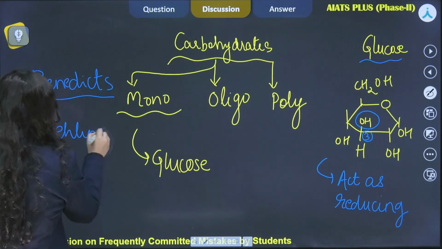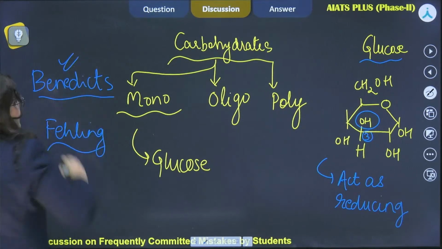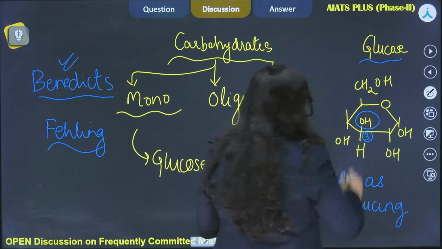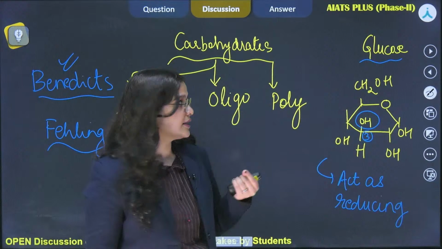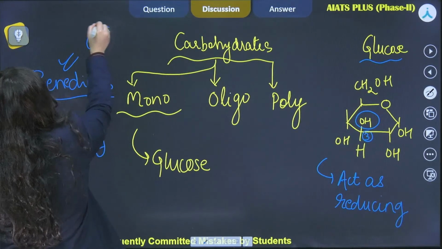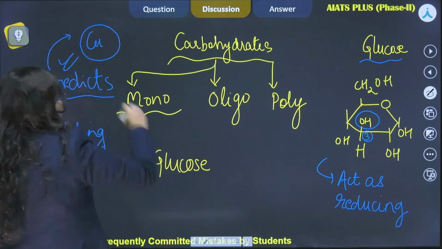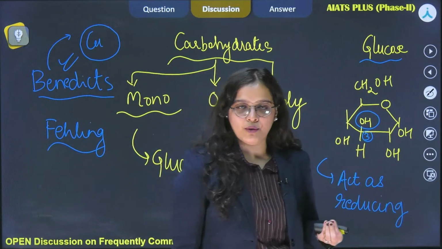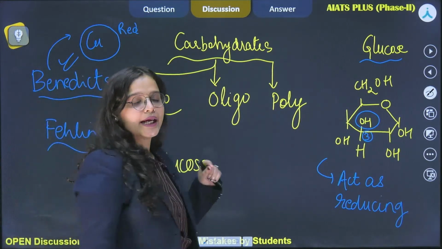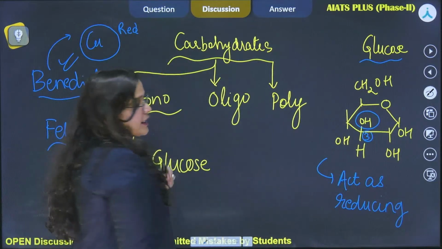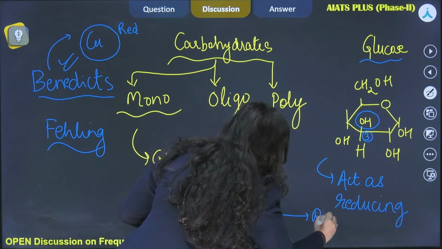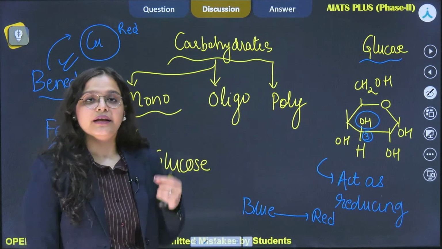If we carry out Benedict's test with glucose, the free group present at the third carbon atom will reduce the cupric ions present in the Benedict solution, and it will convert the blue color of the Benedict solution into red color due to the presence of a reducing group.